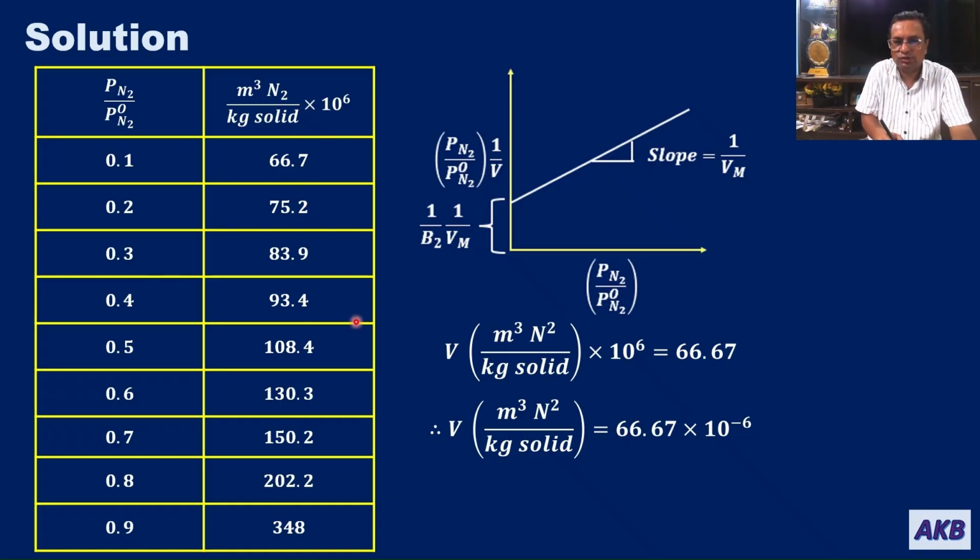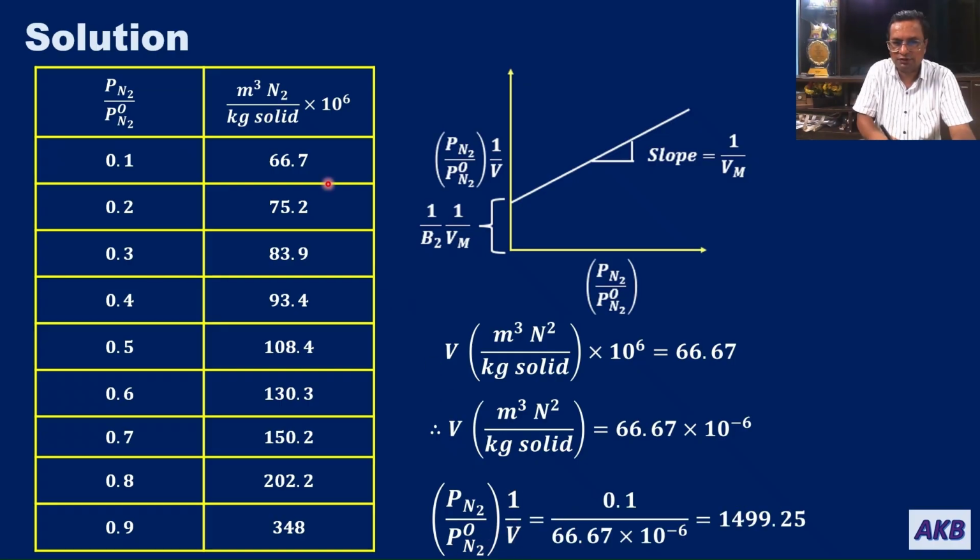For getting V, you will have to multiply each entry with 10 to the power minus 6. That is what you have to understand. Very important thing. Then Pn2 by Pn2 naught into 1 by V. For the first reading, Pn2 by Pn2 naught is 0.1, so it is 0.1 upon V. For the first reading, V is 66.67 into 10 to the power minus 6.